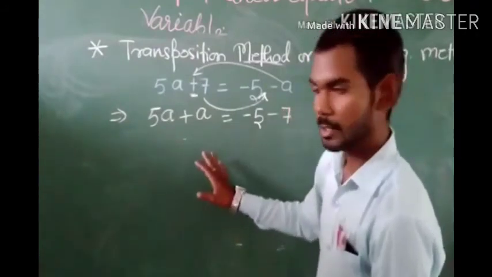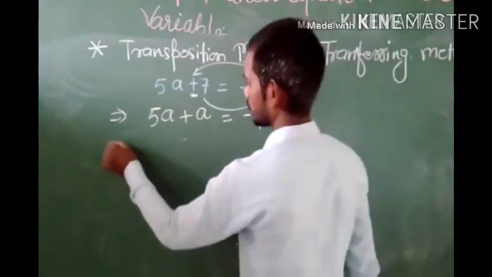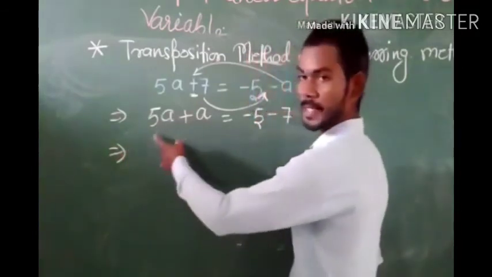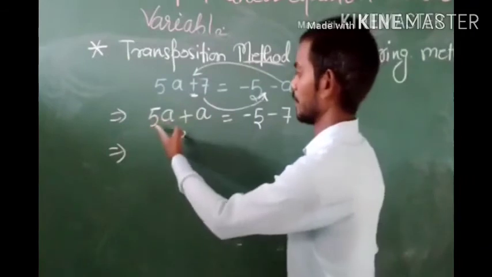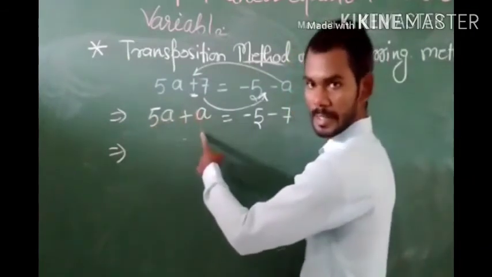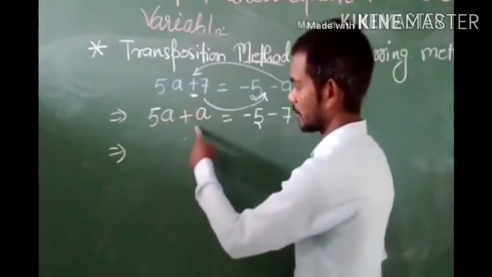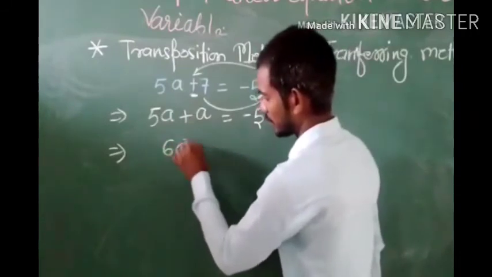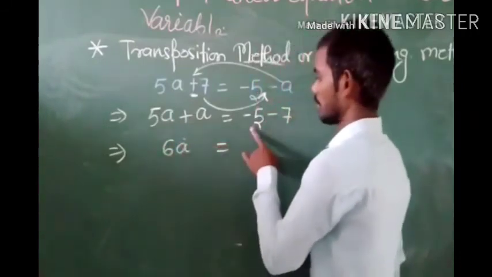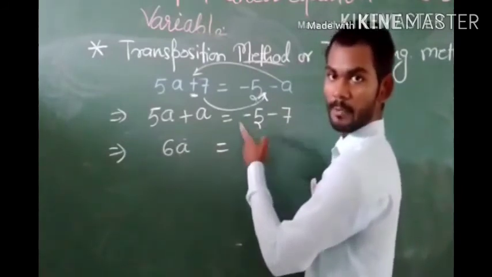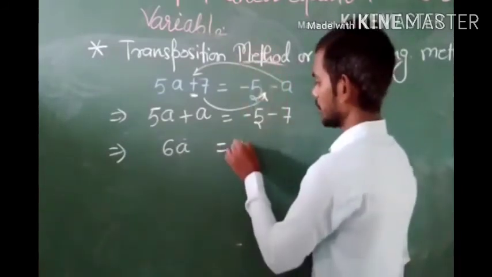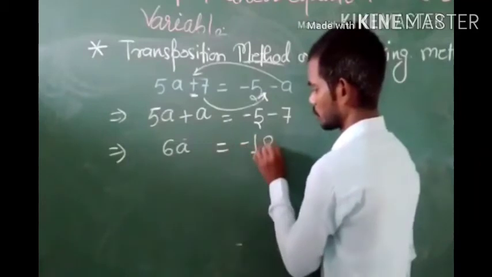Is that clear? Now in the next step, both quantities are positive, so they get added. 5a plus a is equal to 6a, and this is equal to minus 5 minus 7. They also get added with the negative sign. This gives minus 12.